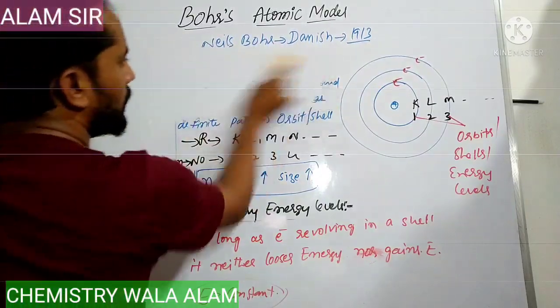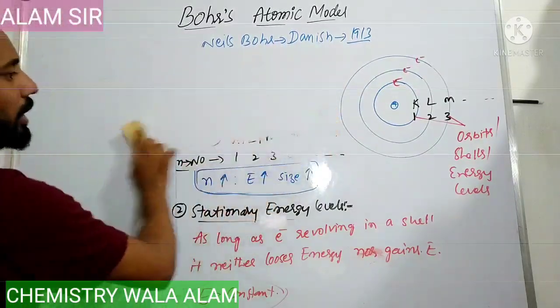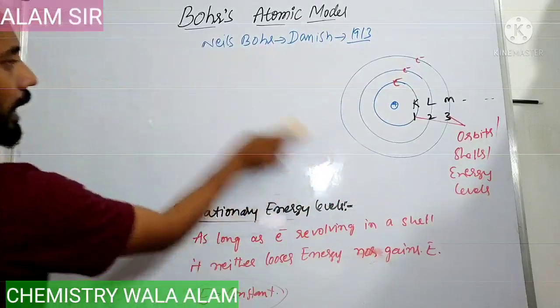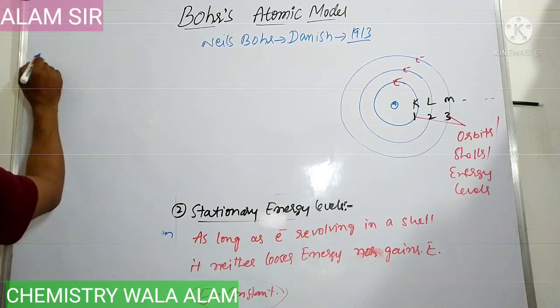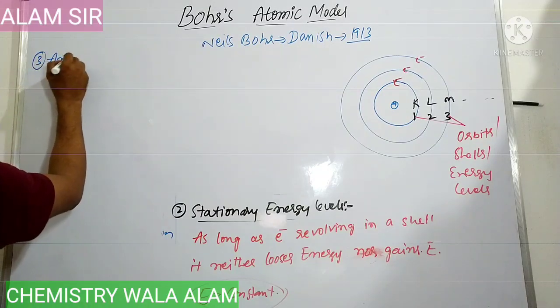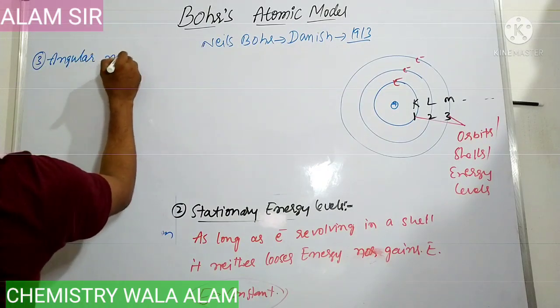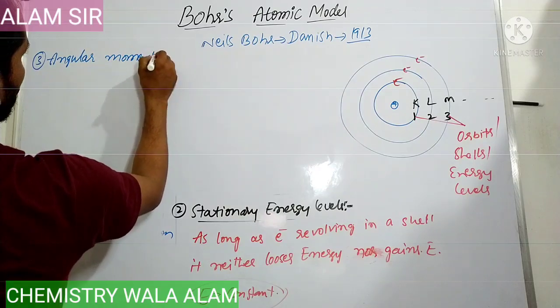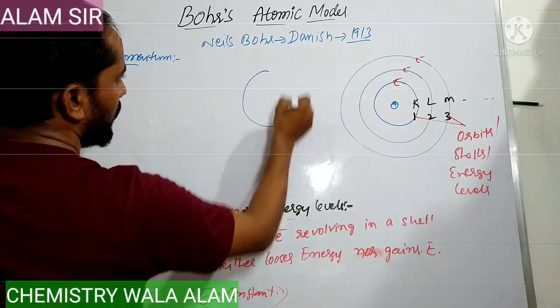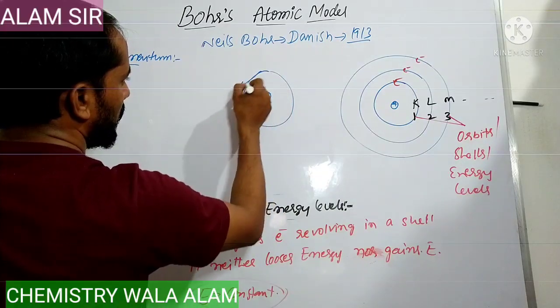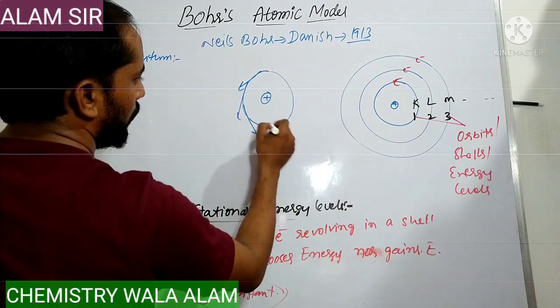The third point explained is the angular momentum of an electron. Why is it considered angular momentum? The electron is revolving in a shell, so at each and every point the momentum will be present.